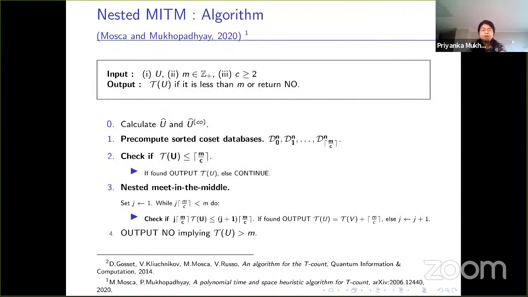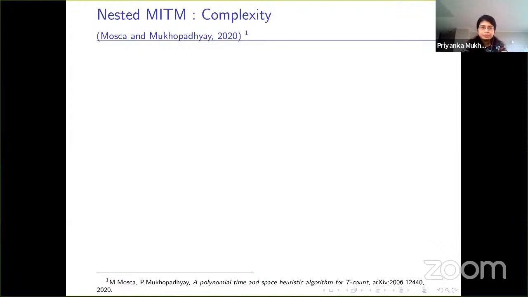Okay, and if we do not find till level m, then we say that the T count is more than m. So if c is equal to 2, if we have two levels of nesting, then we get the meet in the middle algorithm, which has been developed by Gosset, Kliuchnikov, Mosca, and Russo.